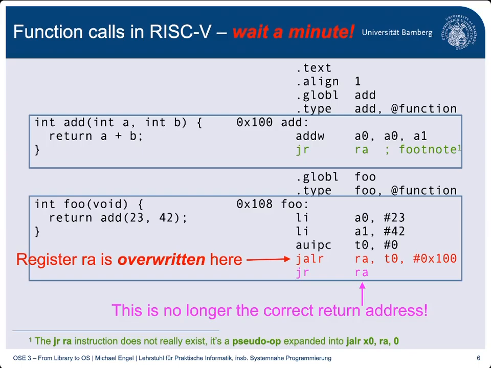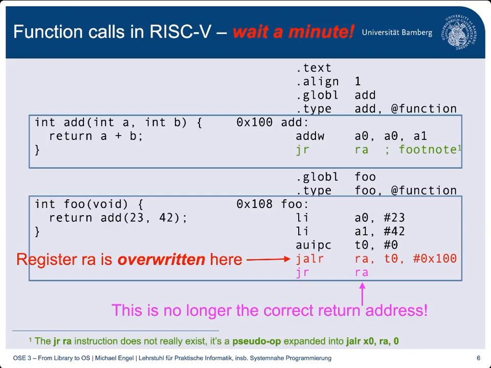But if we call another function, either ourselves recursively, or in this example, our add function from inside of foo, this RA register will be overwritten. And as I just said, a value that's overwritten, well, it's gone. So where would we jump to here in this case, JRA?